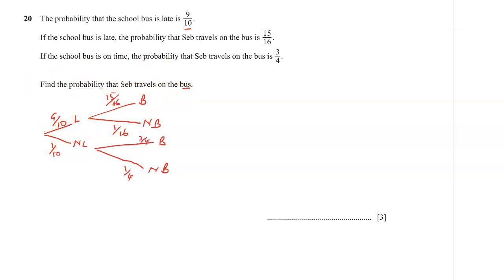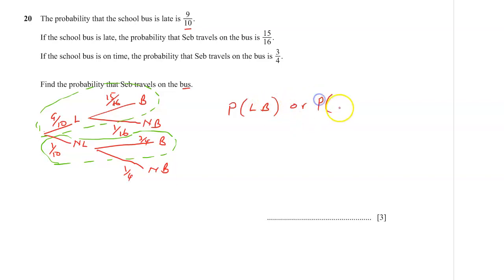It is this one here, and that one there. So P(late and bus) or probability of not late but travels by bus.